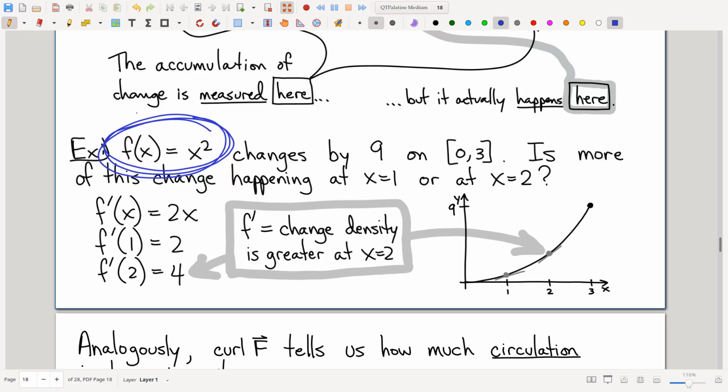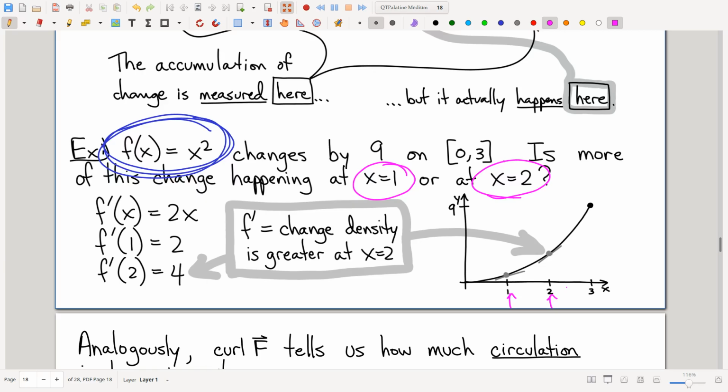It's not constant, of course. Where's the change happening? Is there more change happening at x equals 1, or is there more change happening at x equals 2? Now, obviously, you could look at the picture. You've got geometric intuition. You could break this down in a million different ways. This is a silly question. You don't need algebra for this. The point, again, is not the answer. The point is the point of view that we're going to take.